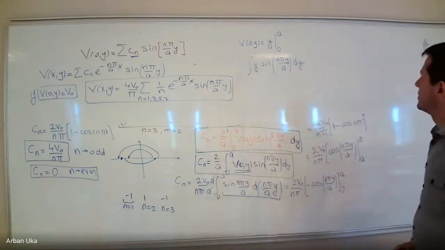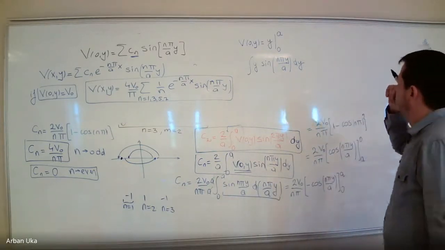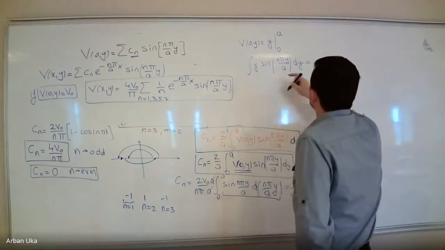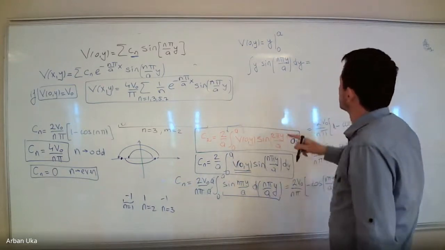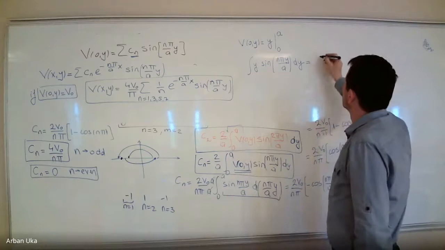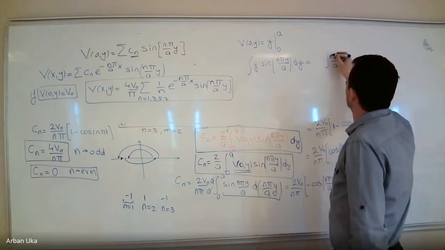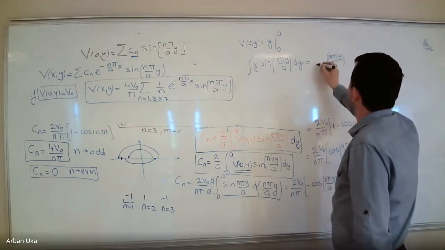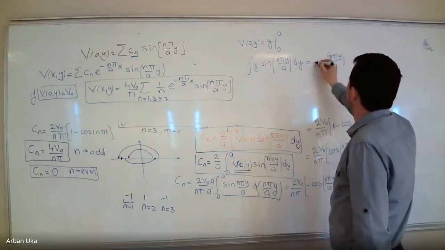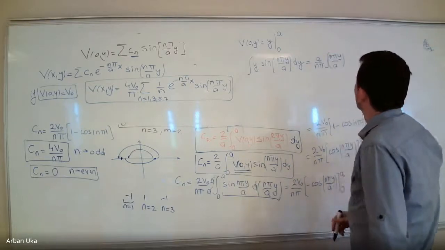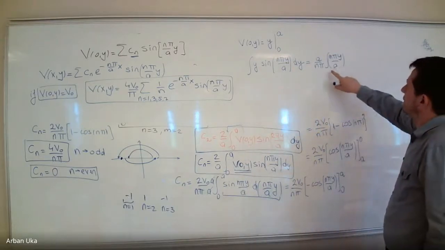So in this case, we would have to modify these values a little bit. Instead of y, we would write n pi y over a, and here we have to divide by n pi over a. So far we have changed nothing.